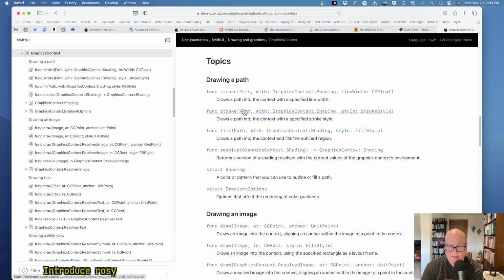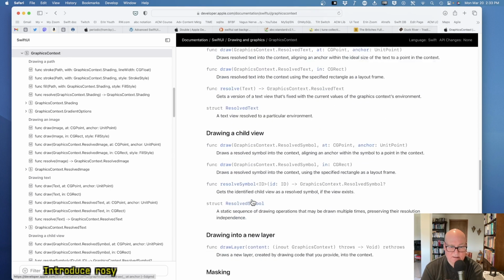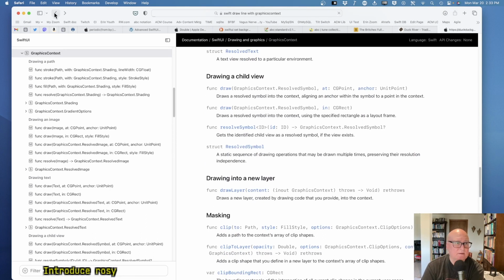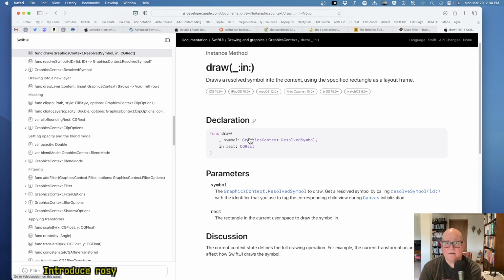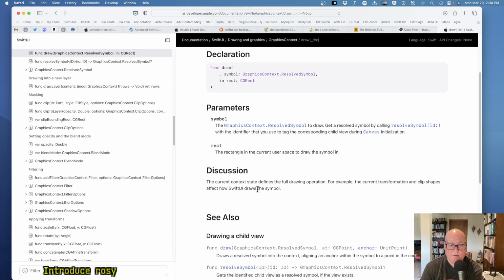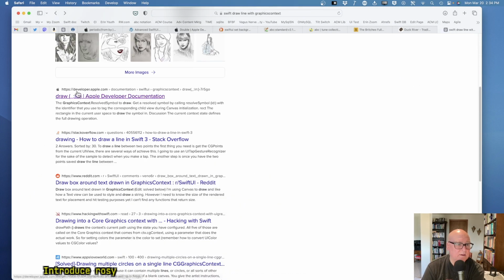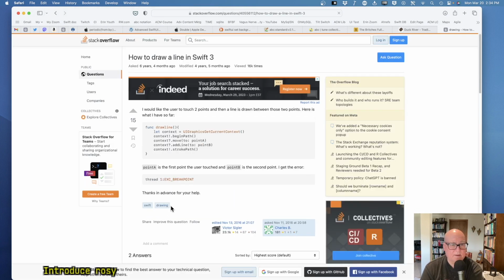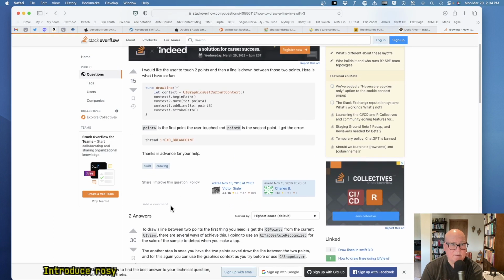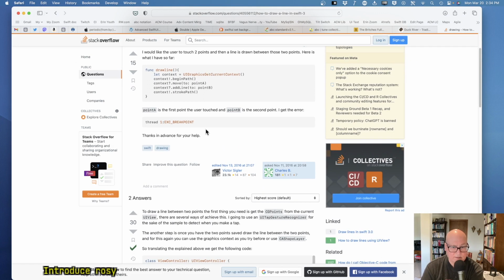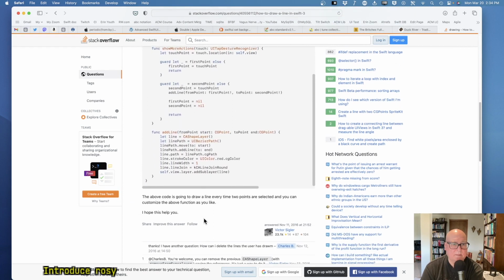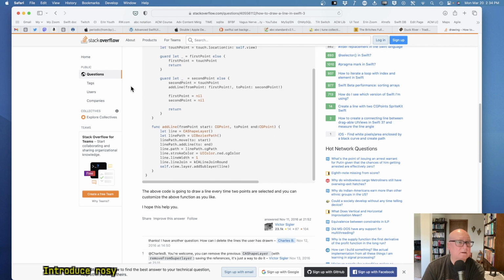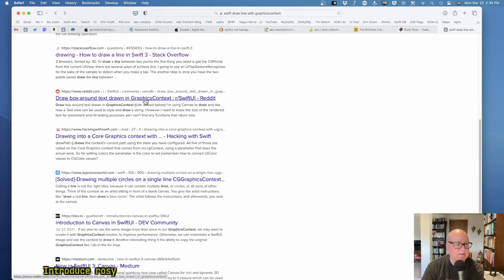Stroke, but I don't have a path. Draw in. That's a symbol. That's something different. And a different layer of graphics.